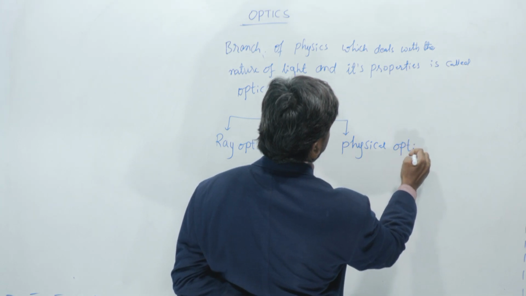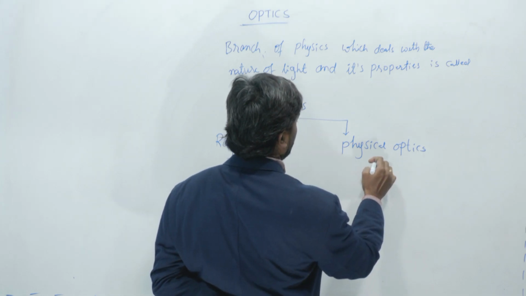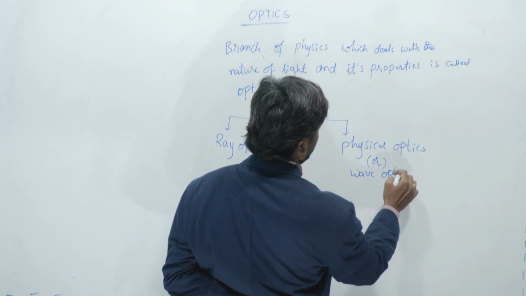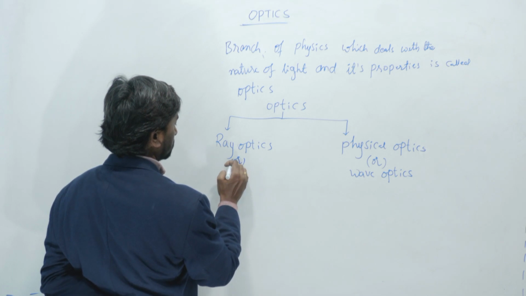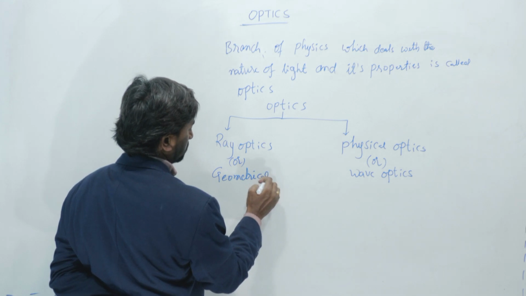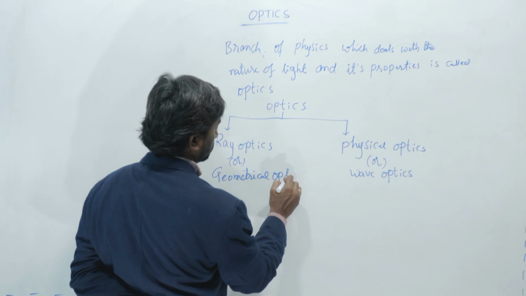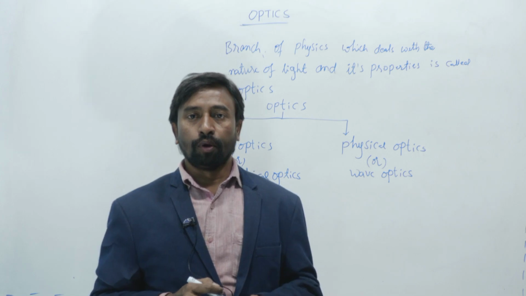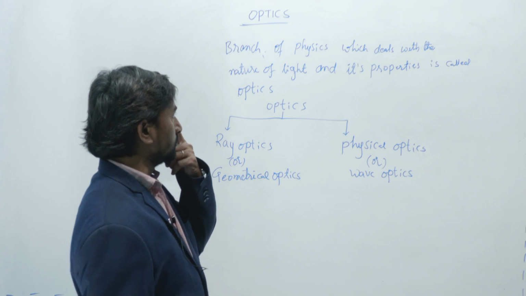Physical optics is also known as wave optics, and ray optics is also known as geometrical optics.